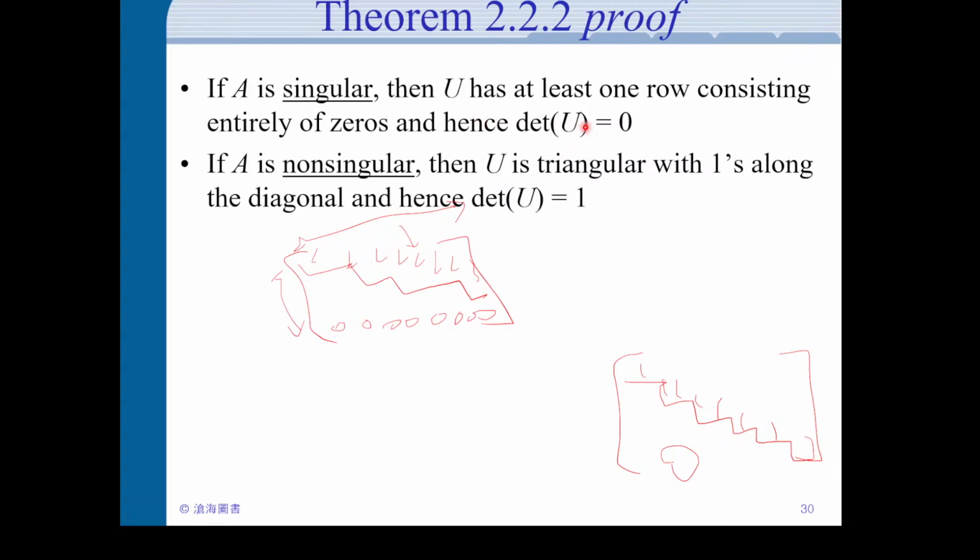We want to say that if A is singular, then U has at least one row consisting entirely of 0, and that's why the determinant of U equals 0. This is what we learned from chapter 1, because in chapter 1 we learned that if A is singular, then you have a free variable.